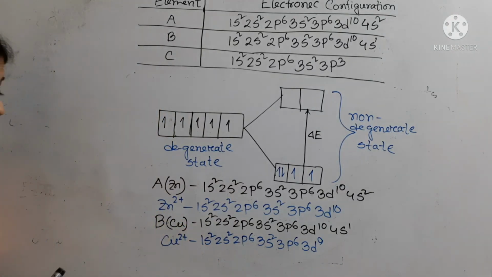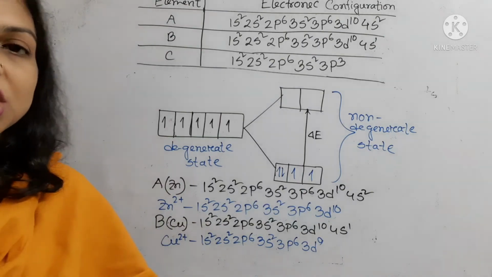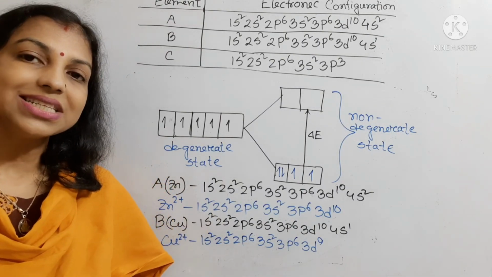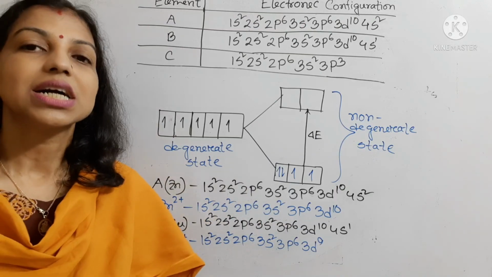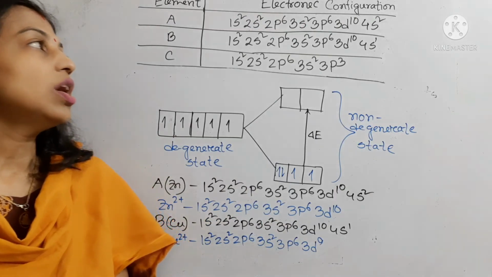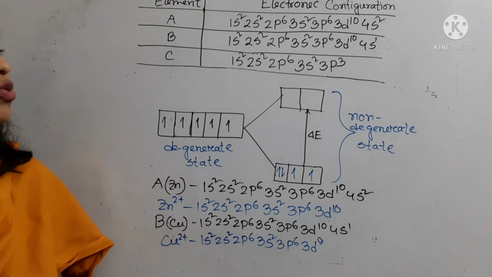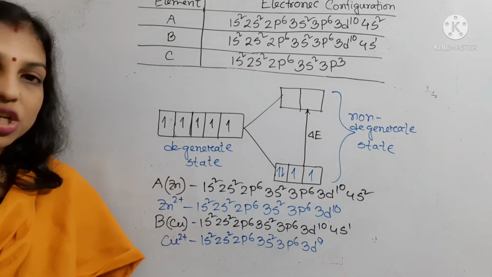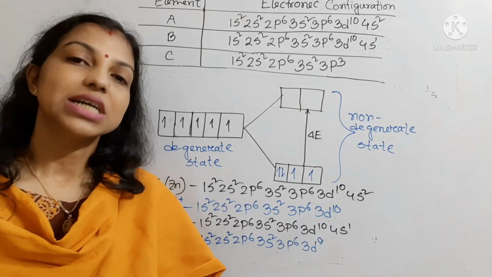That means its d orbital is partially filled. As its d orbital is partially filled, copper is a transition element. As copper is a transition element, it forms colorful compound. So the conclusion of our question is, between A and B, as B is a transition element, it forms colorful compound.